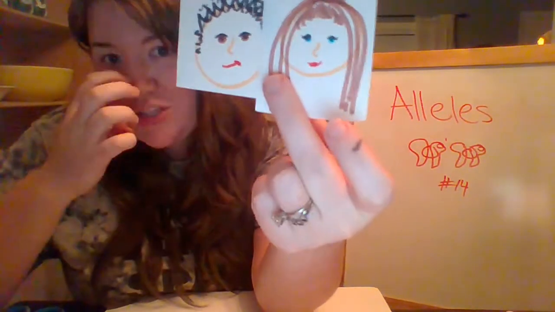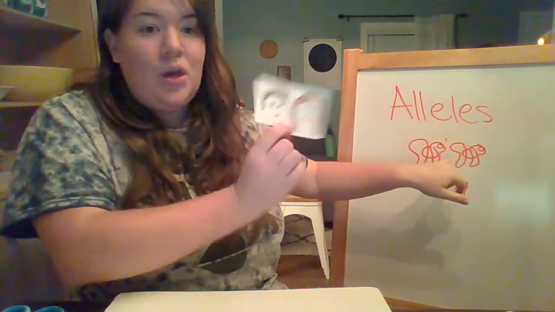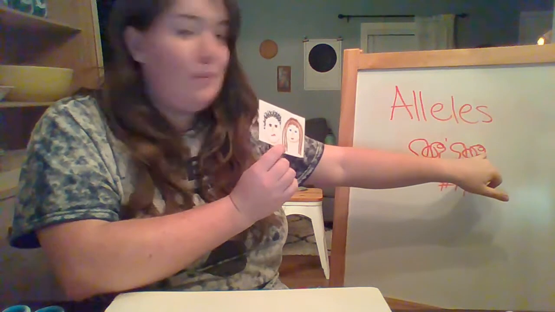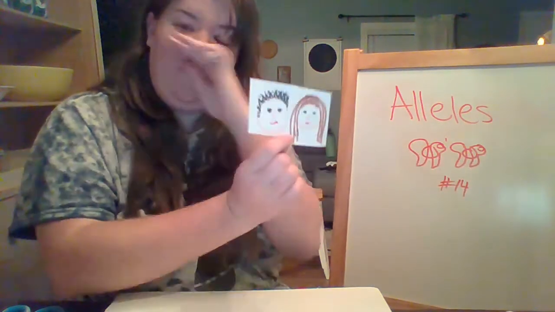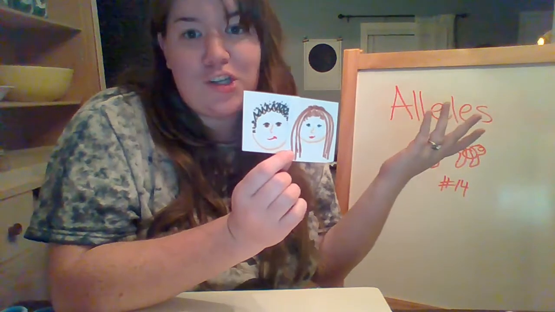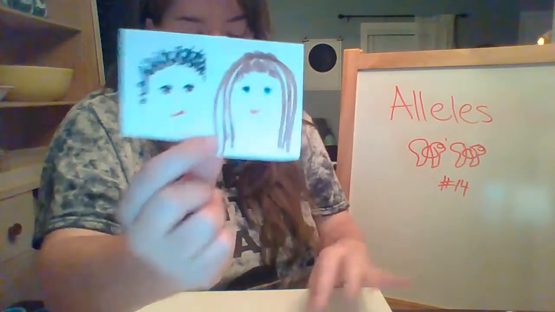All right, so your two alleles will be one blue allele and one brown allele. It won't be that color in real life, but it will code for that within your genetic code in your DNA. Anyway, blue eye allele, brown eye allele.